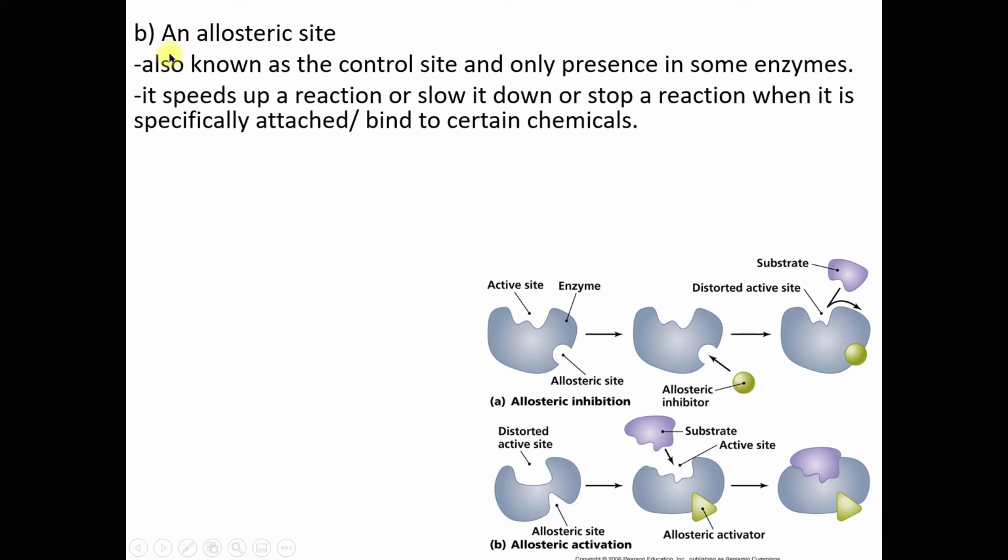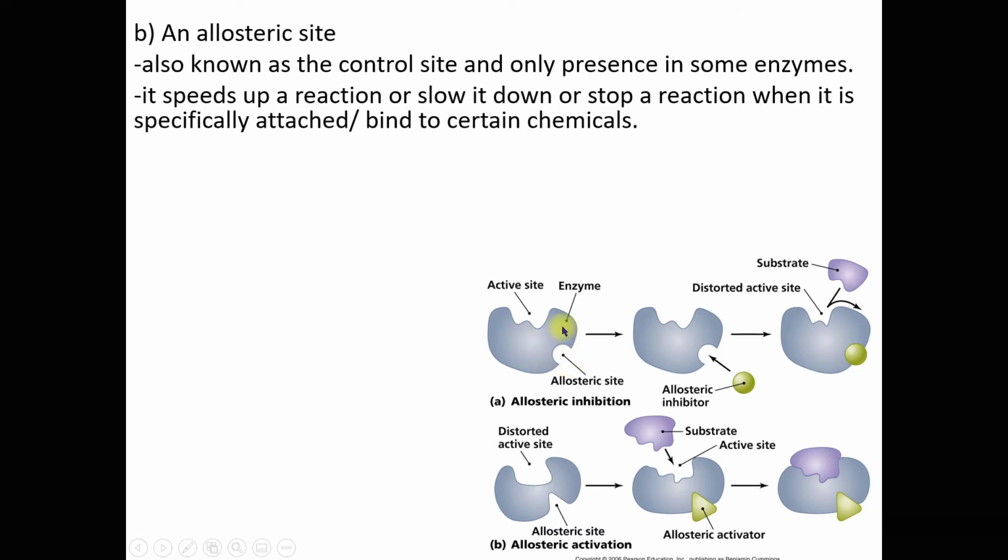This allosteric site is also known as the control site of an enzyme. Now, the active site and allosteric site are two different locations on or in an enzyme. Every enzyme has an active site, while not all enzymes have allosteric sites.